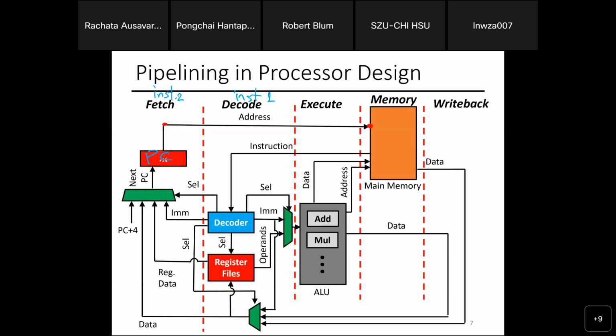The program counter has instruction 3 right now. How do I resume? Instruction 1's PC, right? So the question here is, how do we store this intermediate value?